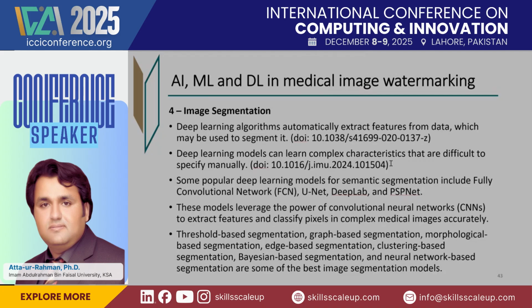Again, if the dataset is large, it's really hard to do this job manually. So this job can be done easily by deep learning approaches. Some popular models for semantic segmentation include fully convolutional network, UNet, DeepLab, and PSPNet. These models leverage the power of convolutional neural networks to extract features and classify pixels in complex medical images more accurately.